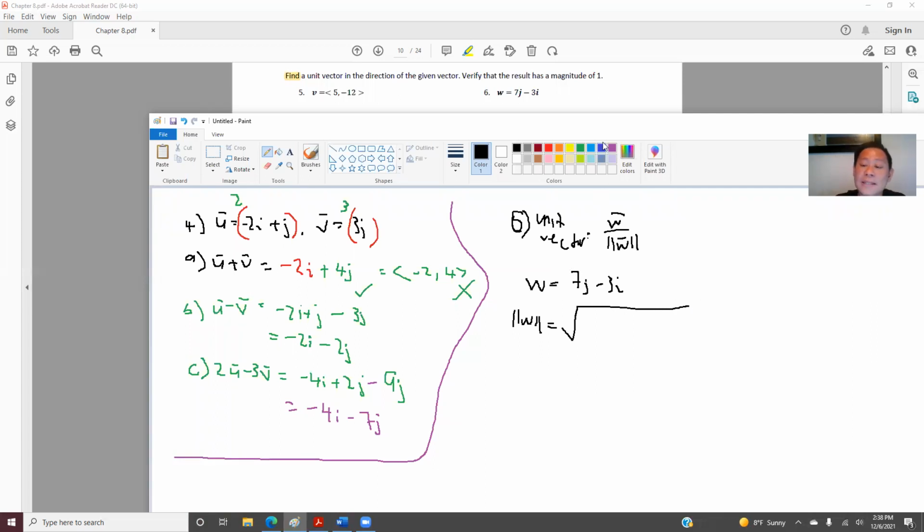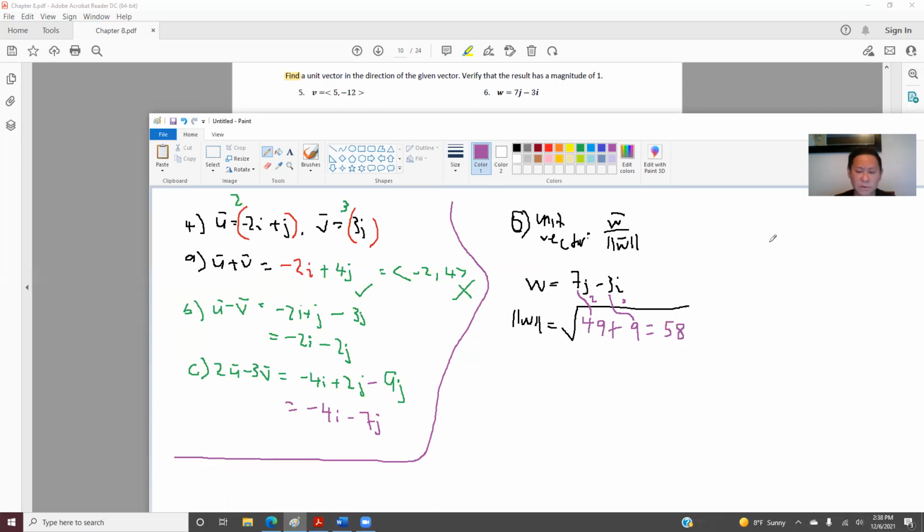You square the 7 and get 49. Don't forget, it's always plus when you do magnitude. Then you square the negative 3, which is positive 9, because a negative squared is always positive. So 49 plus 9 is 58.